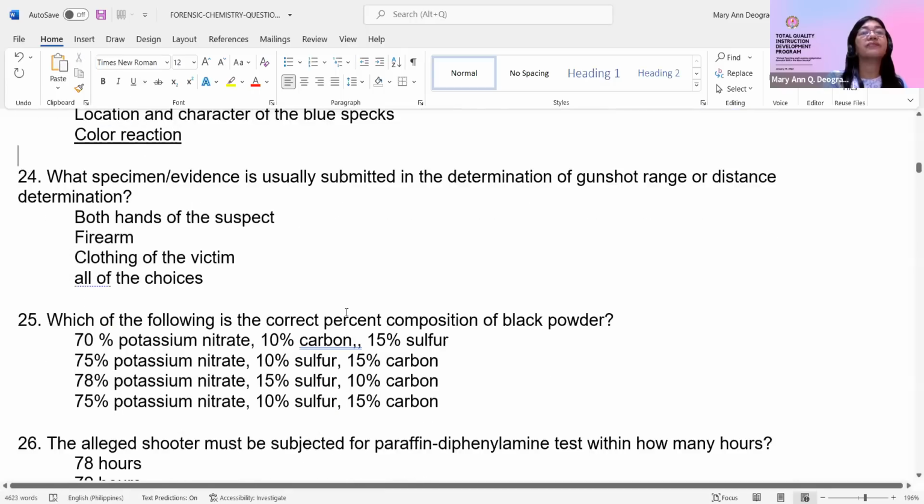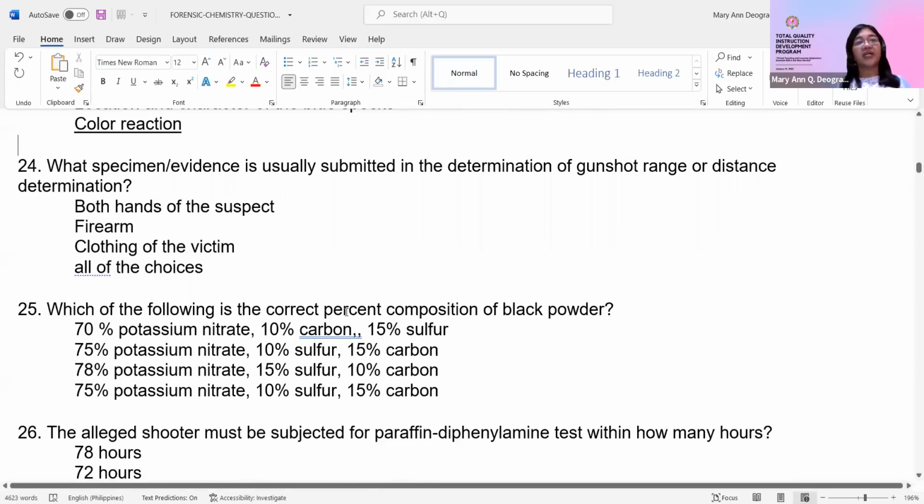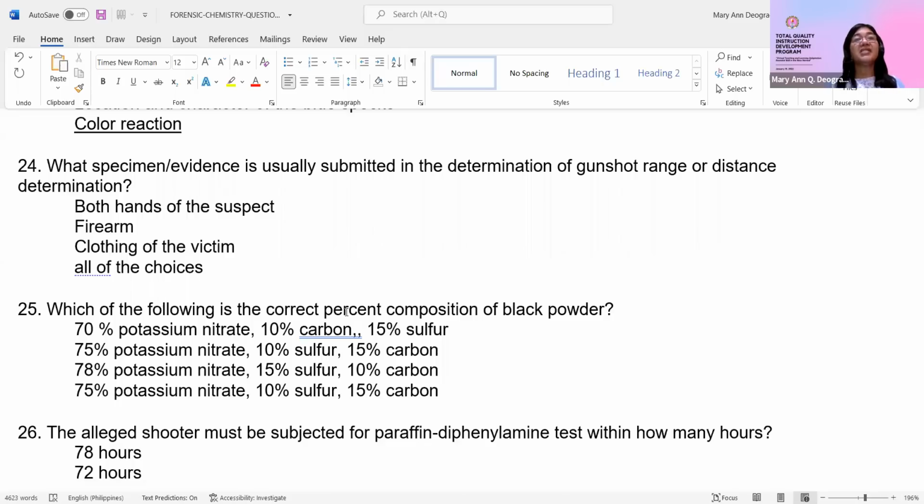Alright. Number 24. What specimen or evidence is usually submitted in the determination of GSR or distance determination? A, both hands of the suspect. B, firearm. C, clothing of the victim.